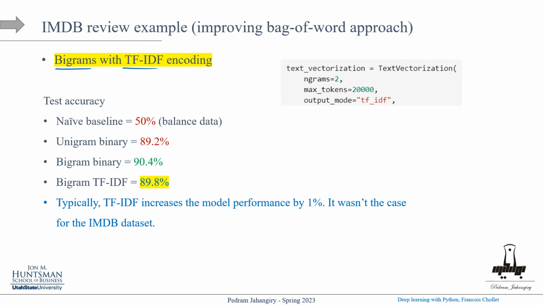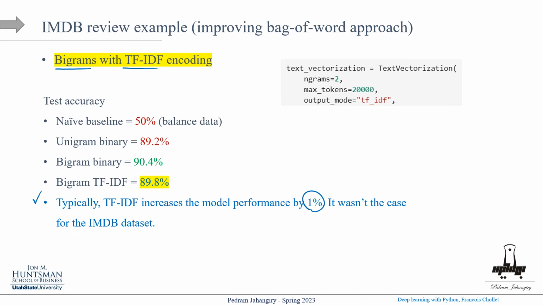So if we weight those words differently, do we get something better or not? Typically, if you do TF-IDF, it should increase the model performance by 1% on the test set. However, here it wasn't the case, for the IMDB review data set.